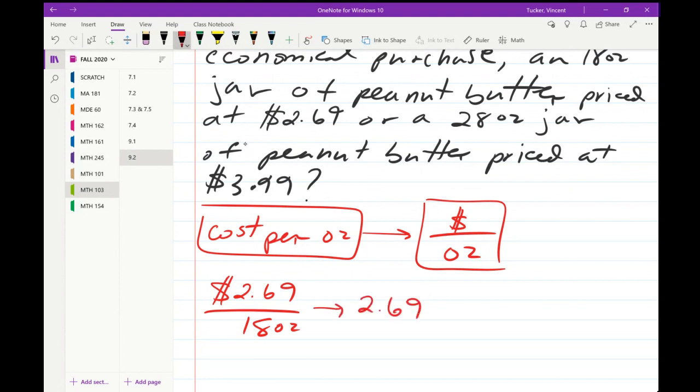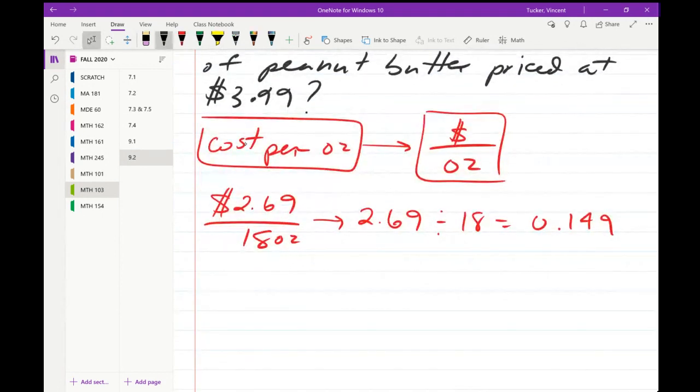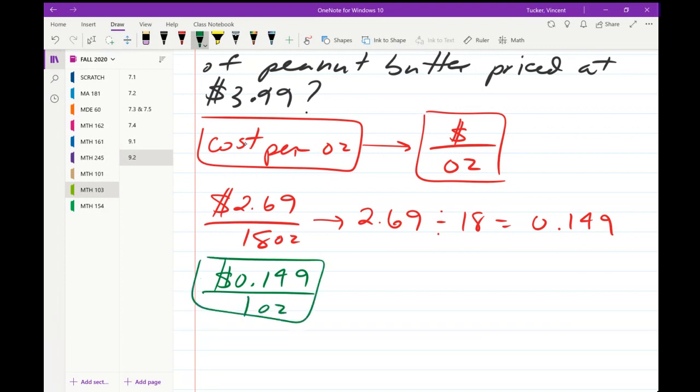So you divide that out, 2.69 divided by 18, it gives you 0.149. So that's $0.149 per ounce.